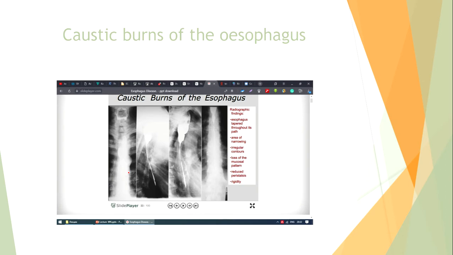Sometimes we deal with caustic burns of the esophagus. Sometimes it's acid, sometimes it's base. So we see the picture which we can see below. We have a very thin line which must be more wide.